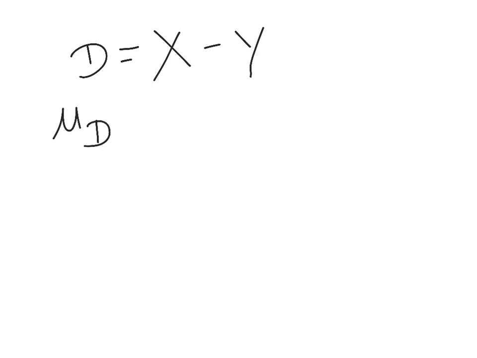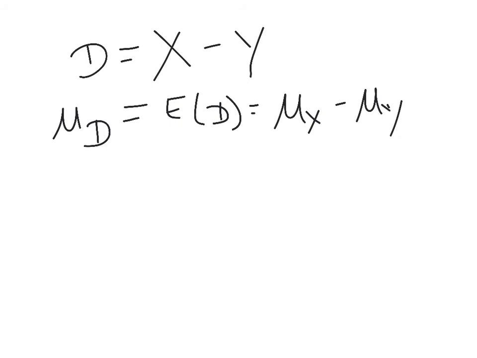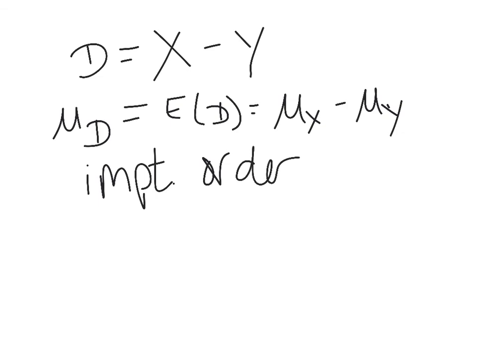So what if I want to subtract random variables? If I want to subtract random variables x and y, the difference D is going to be x minus y. The mean of the difference, or the expected difference, is going to be the mean of x minus the mean of y. Order is really important here. You have to put them in the correct order, especially because you're talking about context.